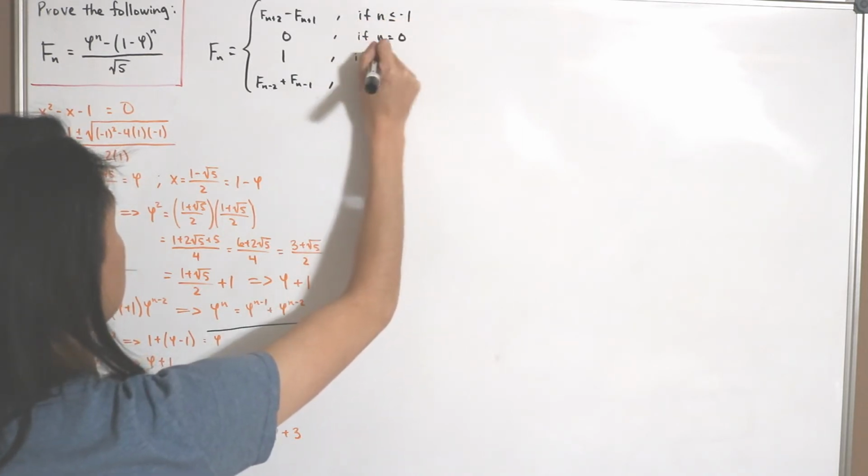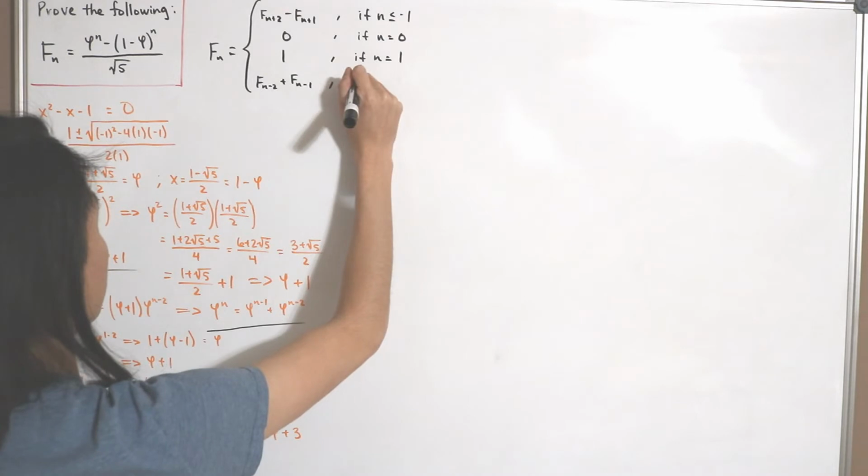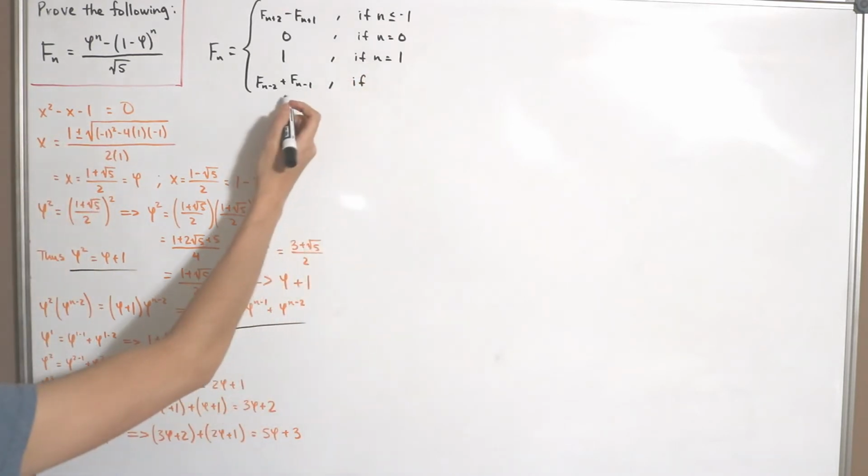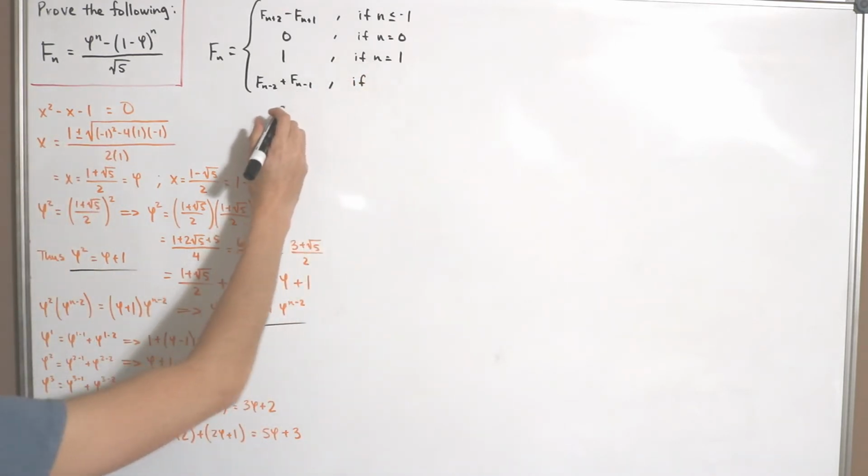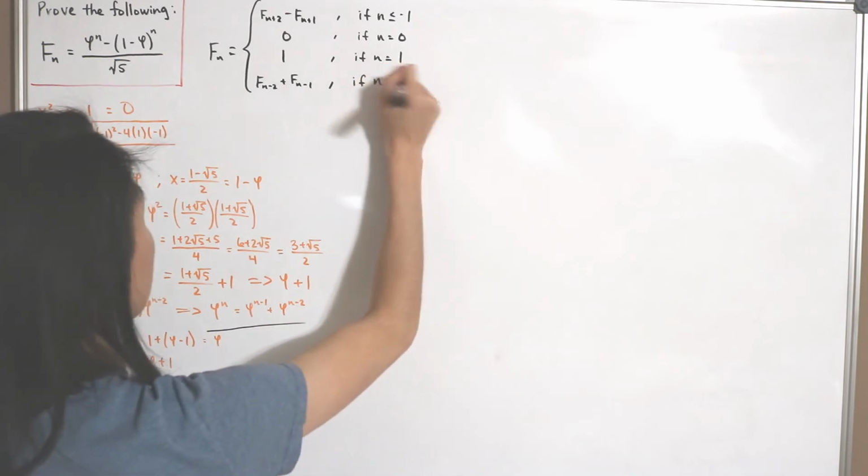It's 1 if n is equal to 1. And then it's equal to F sub n minus 2 plus F sub n minus 1 if n is greater than or equal to 2.